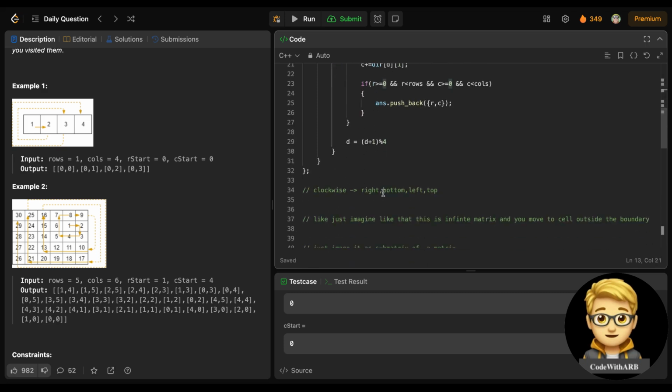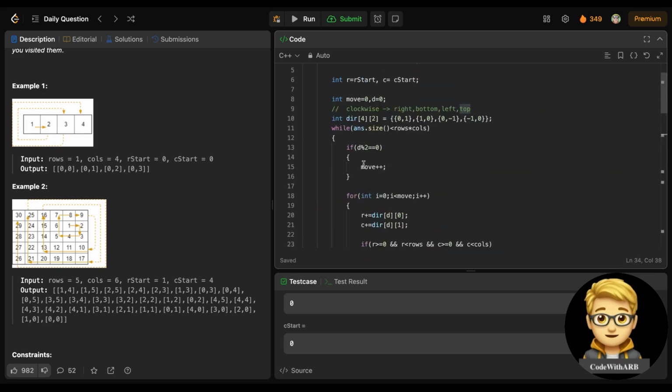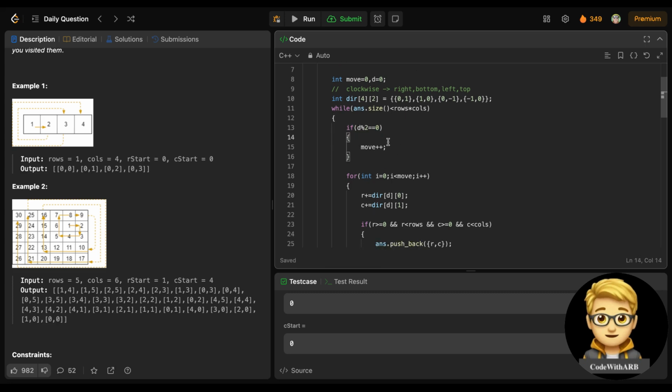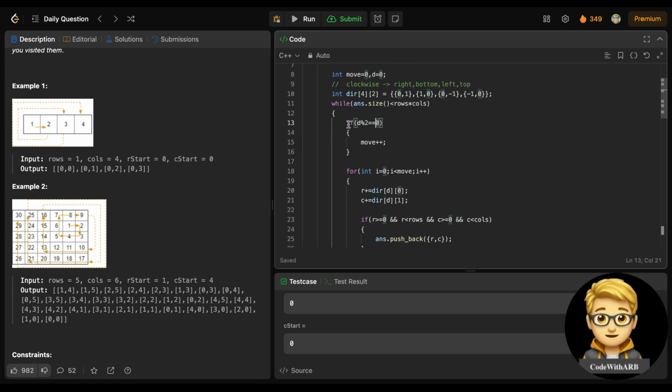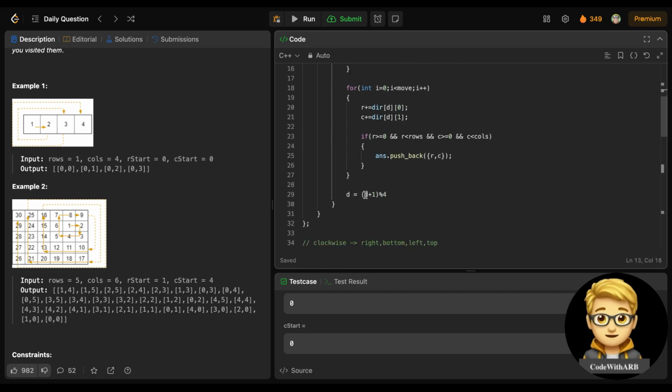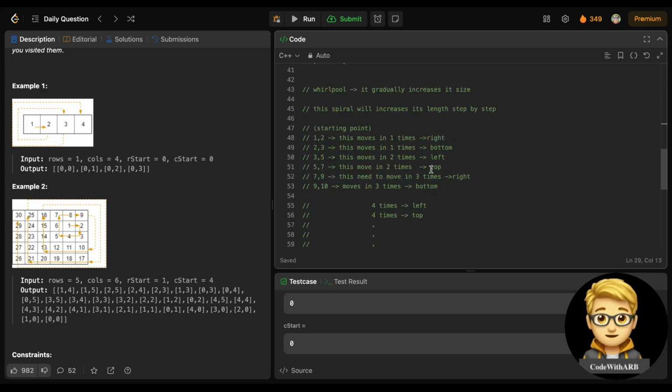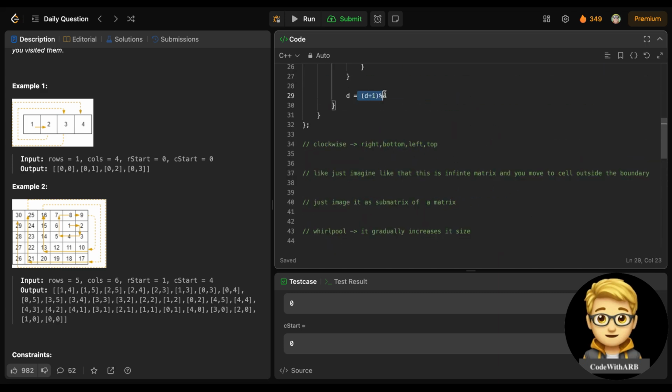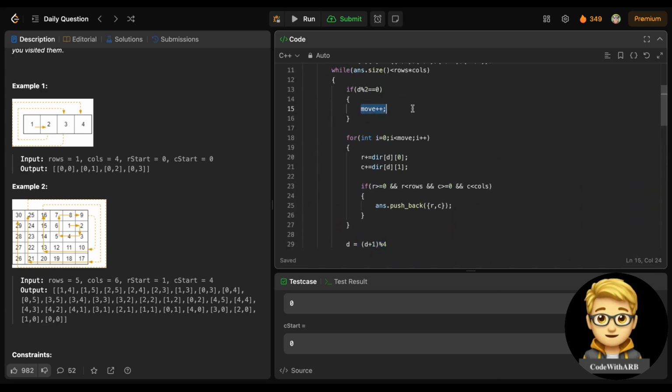I need to increase the move for every two directions. So if D is equal to 0 or 2, it means at every two directions, when it comes to 4 or 2, it will increase its length.